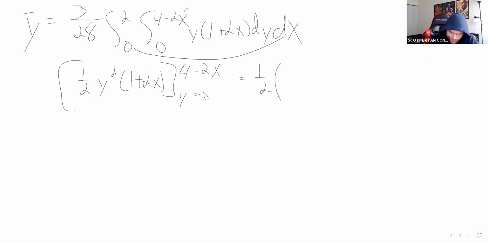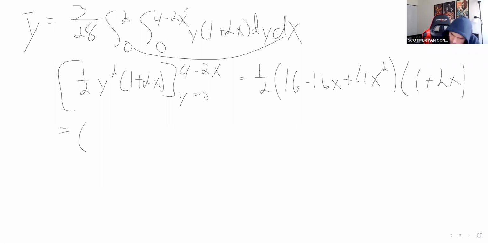So 4 minus 2x squared, we get 16 minus 16x plus 4x squared times 1 plus 2x. I'm just going to distribute that 1/2 through to make life a little easier. And then expand everything out. 8 minus 8x plus 2x squared times 1 plus 2x.